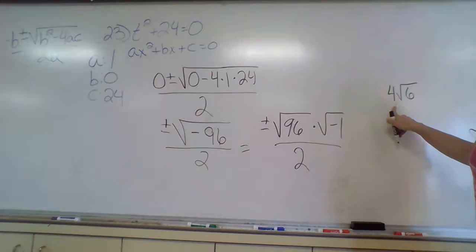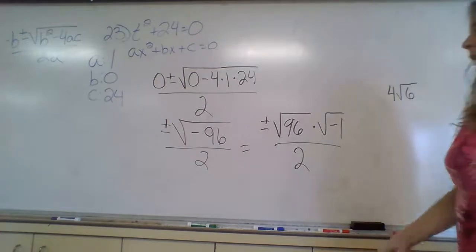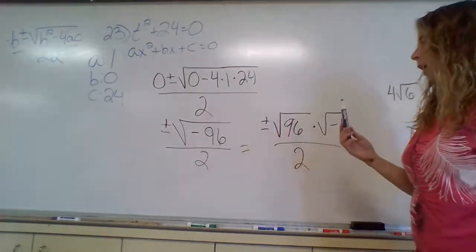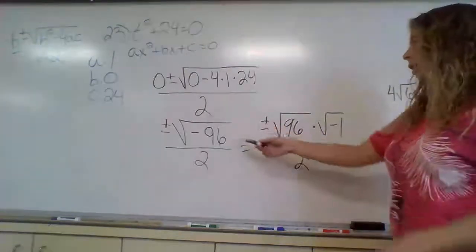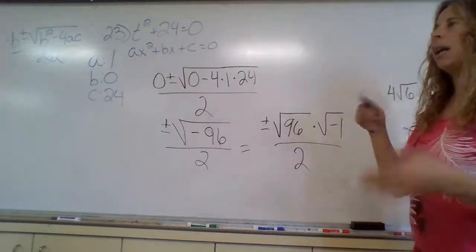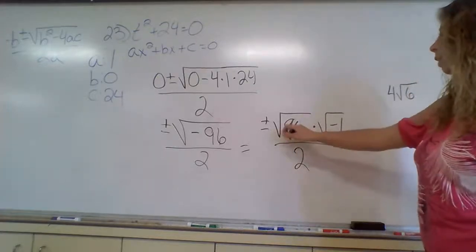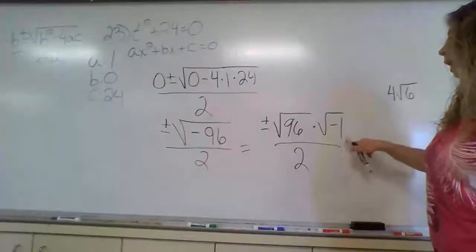Did I lose anyone there? Okay, so we got here, and then really, I would go ahead and break this apart. If you know that it's just going to be whatever the square root of 96 is, times i, then that's fine. But I'm going to break it apart. I just broke it apart into the square root of 96 times the square root of negative 1. I can do that.